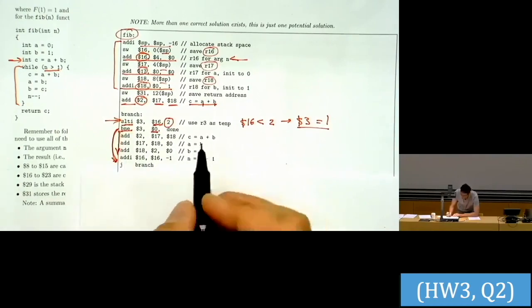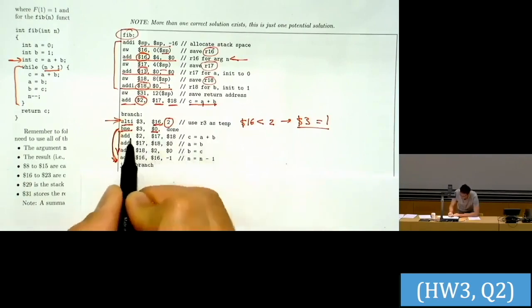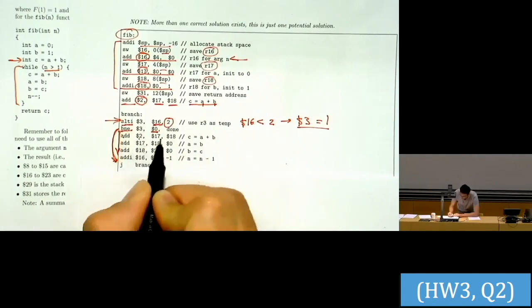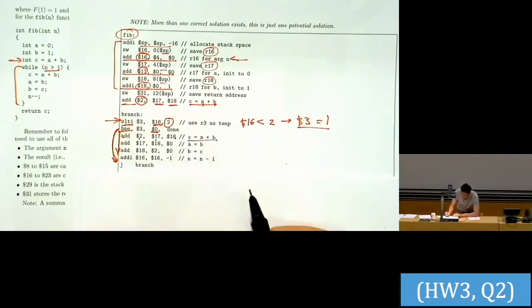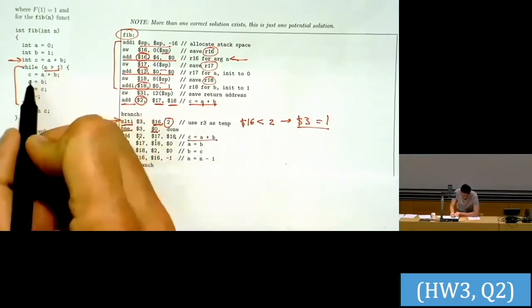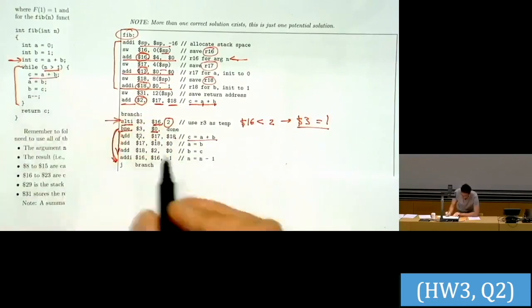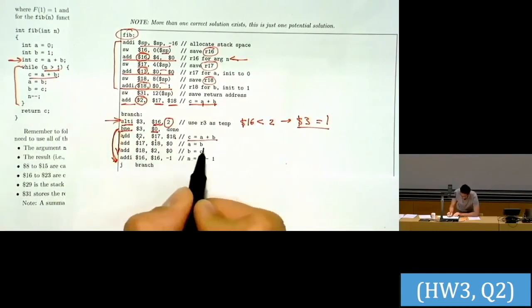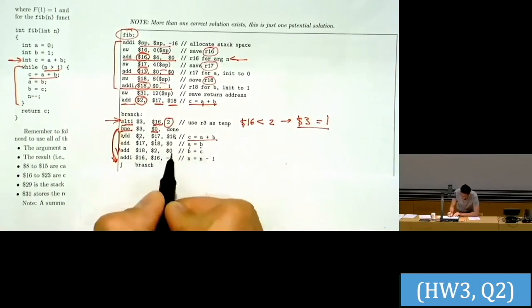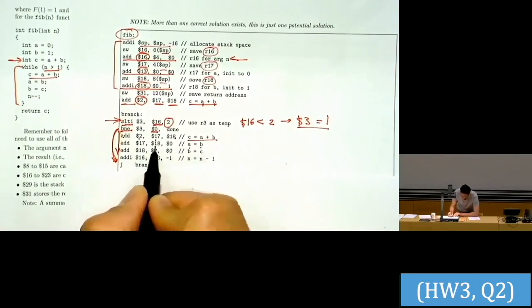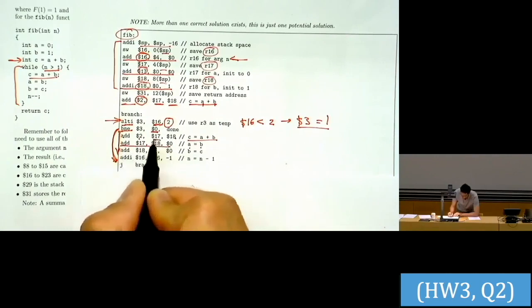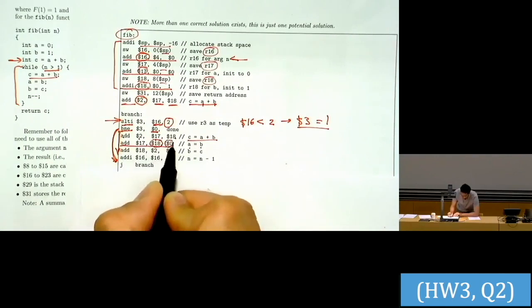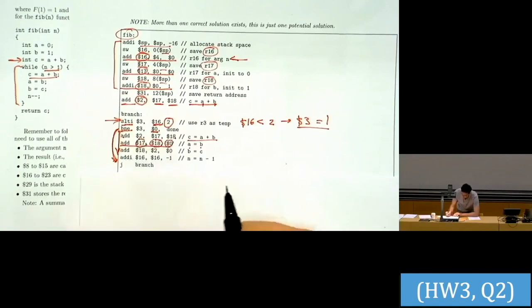And what do we have in the loop body? Well, the first thing is, again, add of registers 17 and 18, that is C equals A plus B, corresponding to this instruction here. Then we store B in A. So what we are essentially doing here is adding B plus 0 and storing it in A, in register 17.